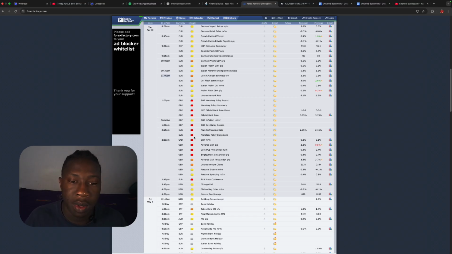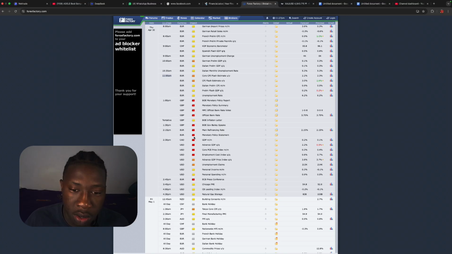So on GBP we have a red folder at 1 p.m., and then we have another one at 1:30, GBP, Bank of England government barely speaks, and then at 2:15 we have another euro rate folder, main refinancing rate.